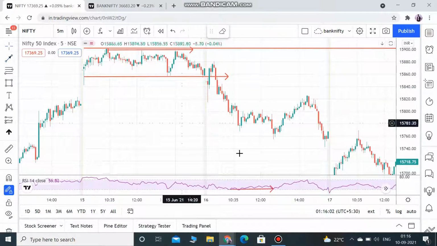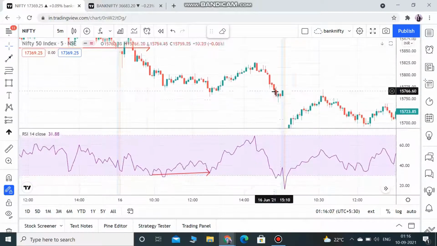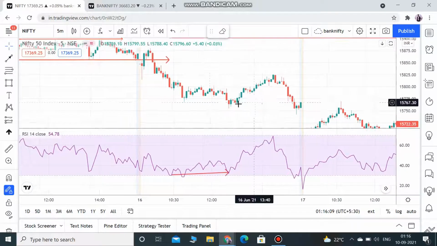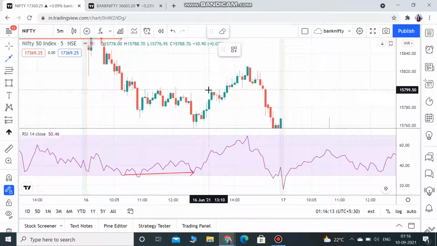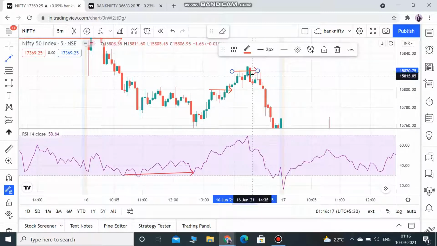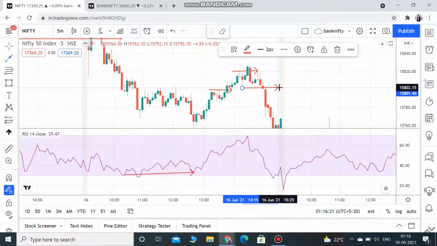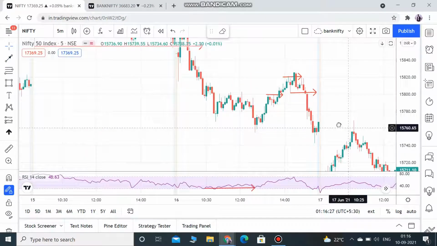Once it reaches, you see that there is a break of structure again. Here you see the high is breaking, then you see that the low is broken right here. So this is where you have to take your trade.